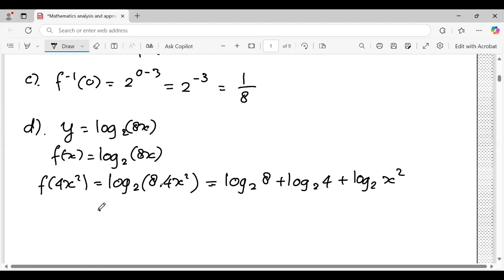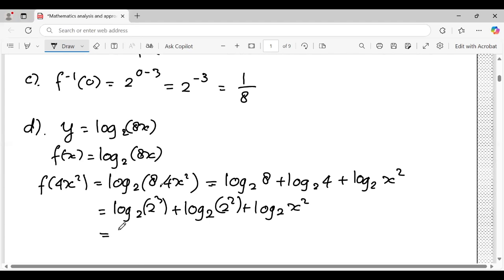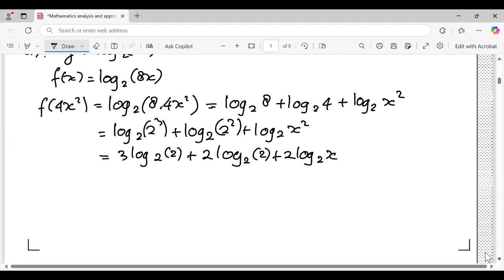Log 2 of 8 is log 2 cubed, plus log 2 of 4 is log 2 squared, plus log 2 of x squared. That is 3 log 2 of 2 plus 2 log 2 of 2 plus 2 log 2 of x. This is 1, this is 1.